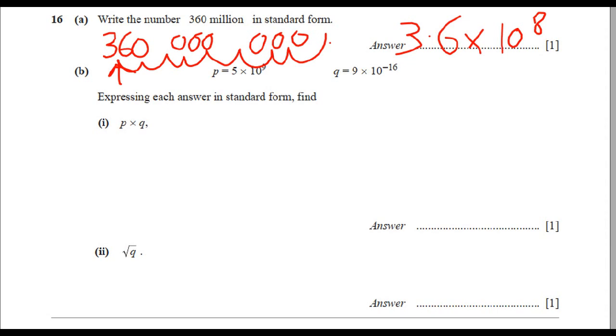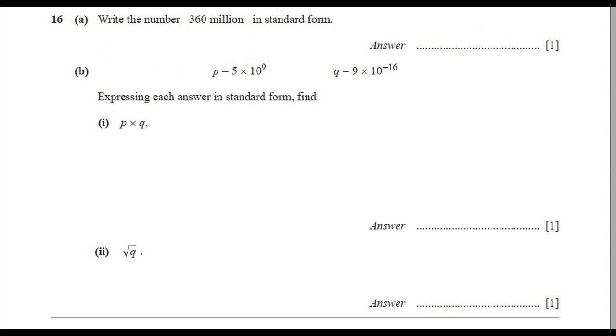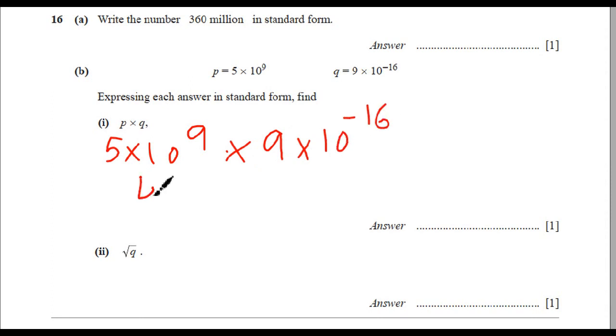Alright, part B. Express each number in standard form, P times Q. So we write P, 5 times 10 power 9, times Q, so times 9 times 10 power minus 16. 5 times 9 is 45 and 10 power 9 times 10 power minus 16.